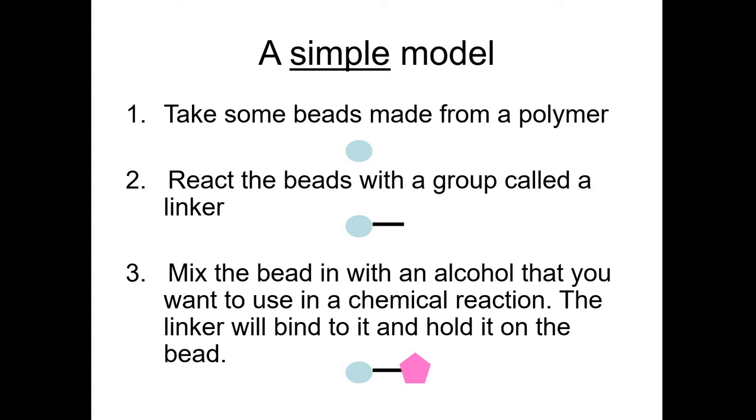Mix the beads with an alcohol that you want to use in the chemical reaction. The linker will bind to it. What is a linker? A linker is a group that is added to the compound, so it holds it on the bead.